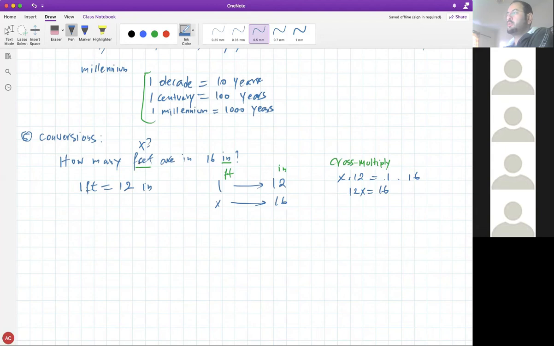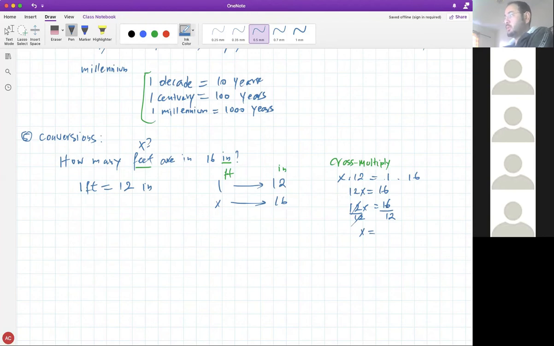We're looking for X, the number of feet. So now we just need to divide both sides. Let me write it again and then divide. So 12X equals 16. To isolate X, we need to divide by 12. So that cancels. So X is 16 over 12.